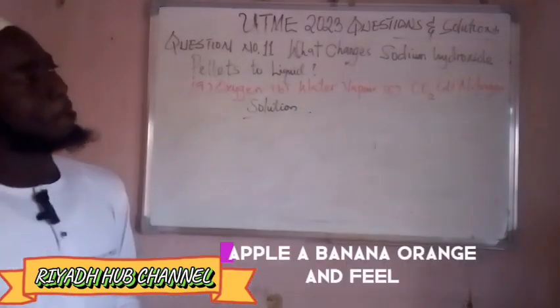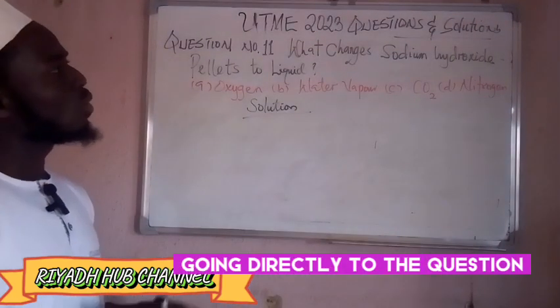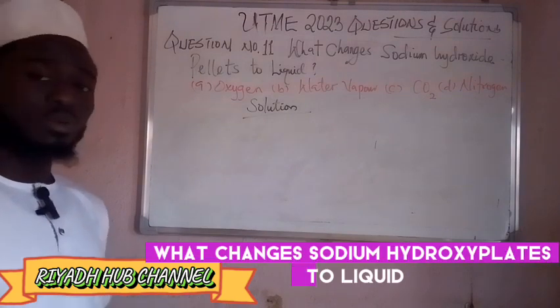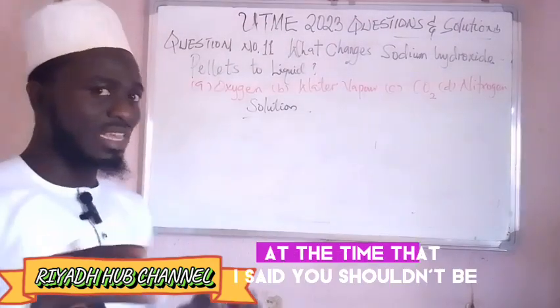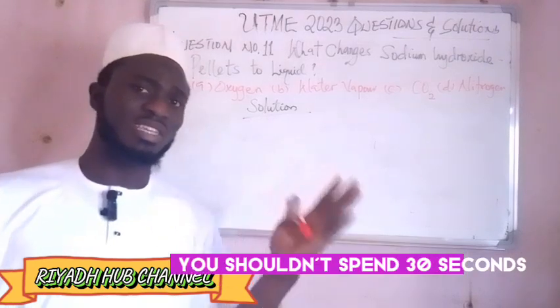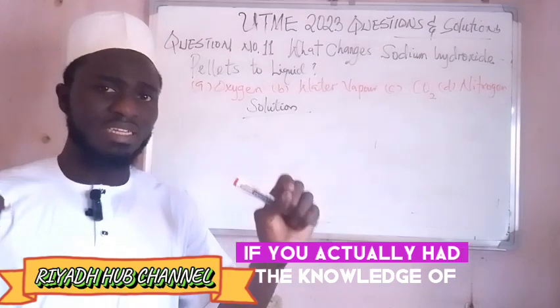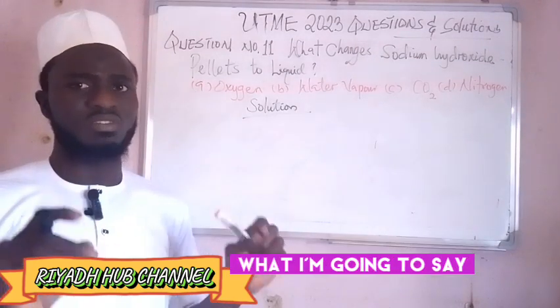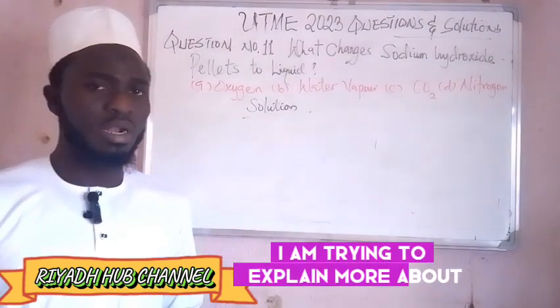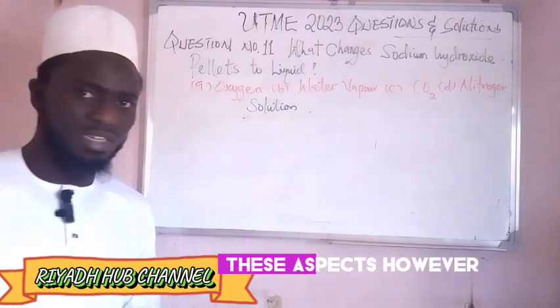Now, going directly to the question: what changes sodium hydroxide pellets to liquid? Some of you might have been looking at the time when I said you shouldn't spend 30 seconds. You shouldn't, if you had the knowledge of what I'm going to say, so I am trying to explain more about these aspects.